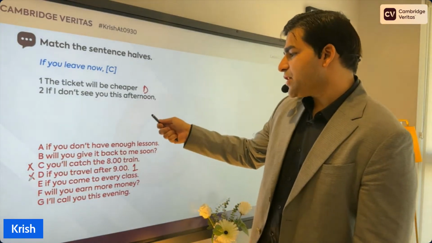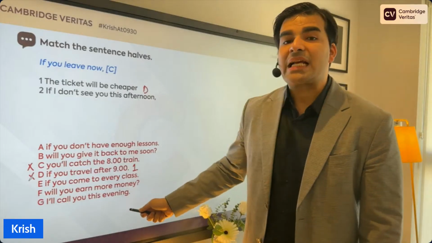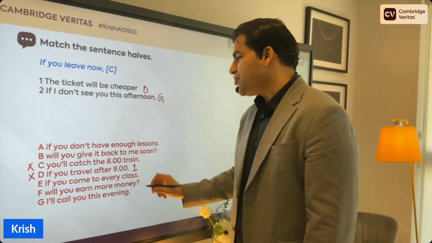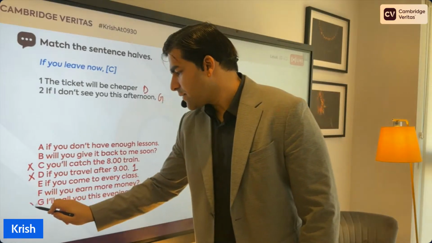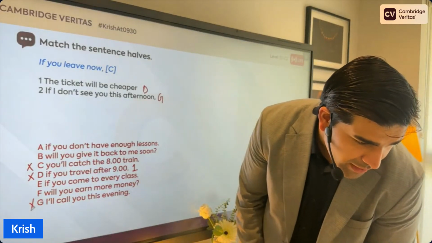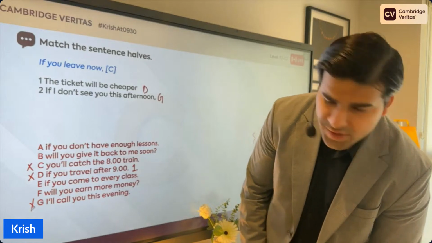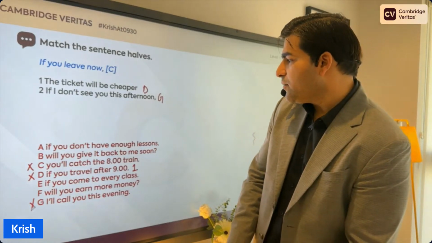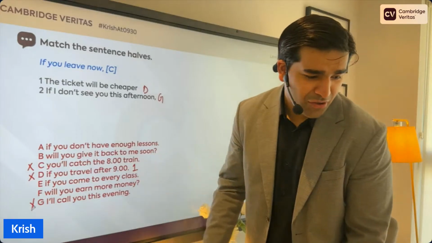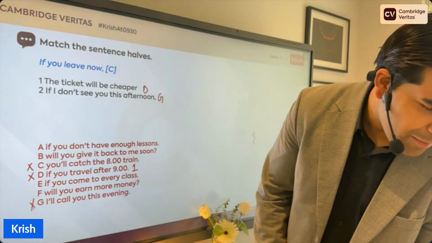If I don't see you this afternoon, I'll call you this evening. Perfect. So this one is G. Superb. Thank you, Lavanya. Thank you, Priya. Hasmat. Kausar. Many of you are saying B. Will you give it back to me soon? How is it B? Sorry, it's not B. Not matching.